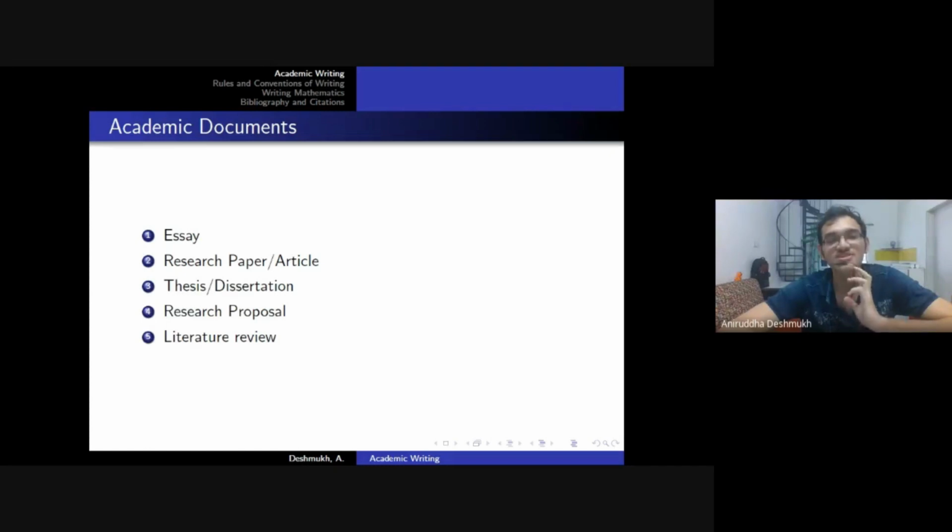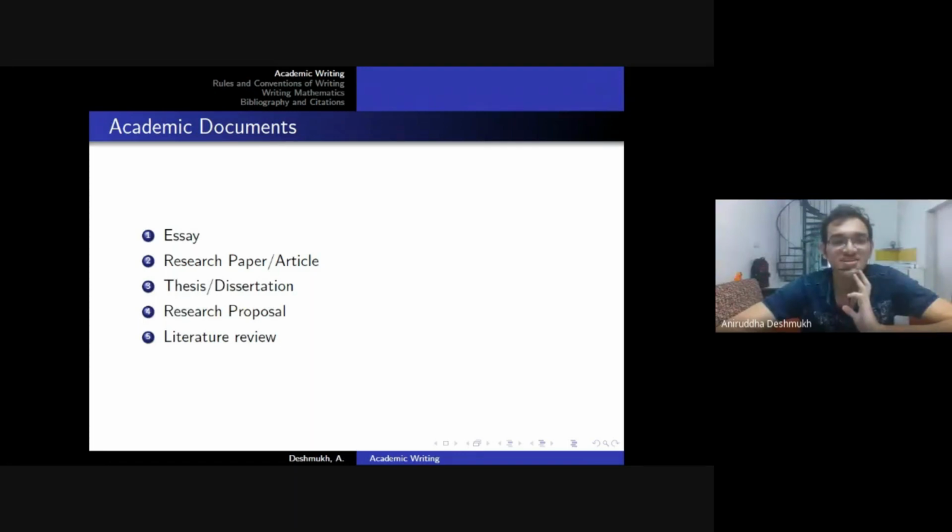Now, most of the institutes in India don't have this thing in the curriculum, but if you see universities in the UK or the US or even in some European countries, then they usually ask you to write an essay on a topic in which you have to produce your own research, and at the end of that essay you have to give your own thoughts about what you have learned from that topic and how you can further approach that topic. So because we don't usually deal with it in India, I'll not be talking much about it.